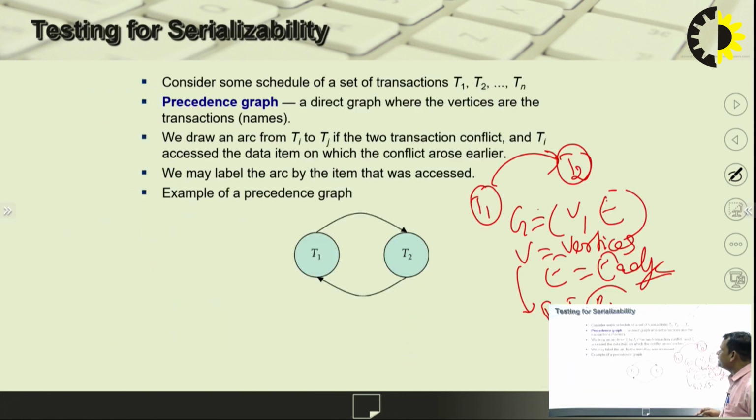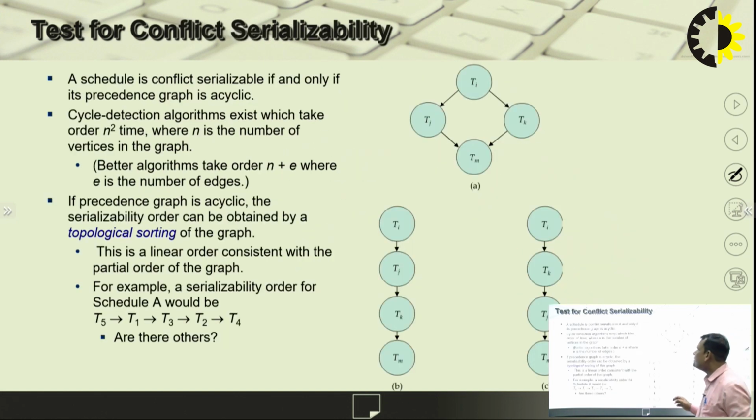Non-conflict serializable. Another example of conflict serializable: transactions T1, T2, T3 and T4, with edges T1 to Tj, Ti to Tk, and Tk to Tm.